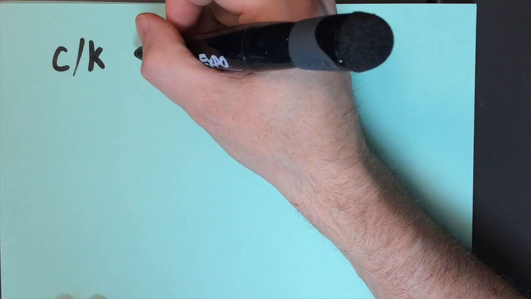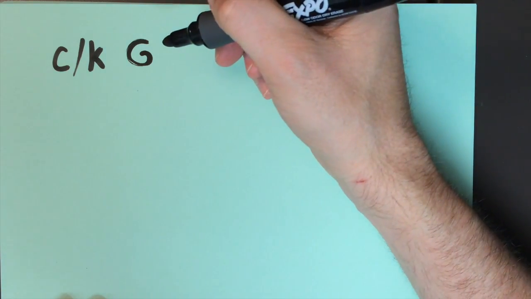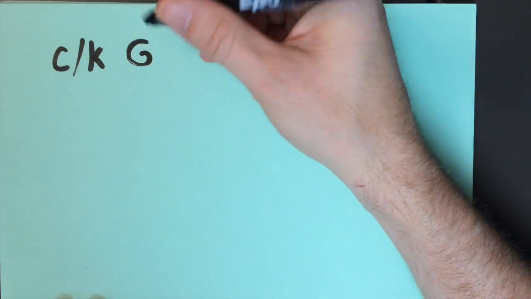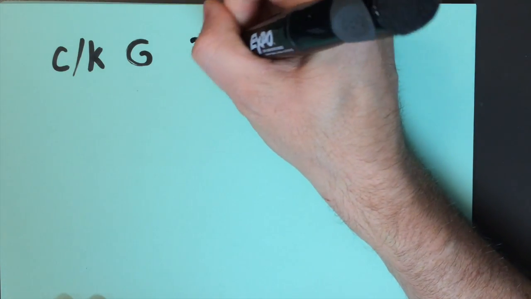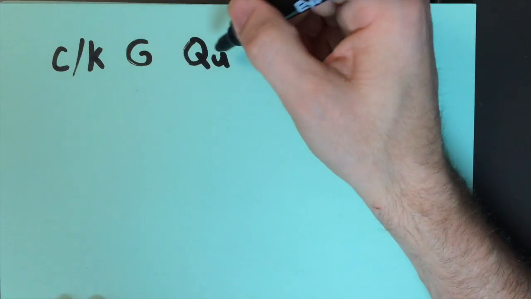Next, we'll follow that by learning about the symbol that makes the G sound, like good. Next, we'll discuss the symbol that makes the Qu sound, as in queen.